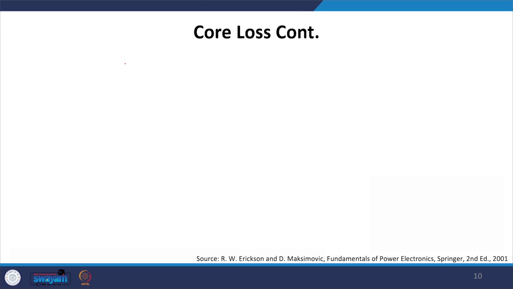That is the reason why the core losses are generally defined using the empirical Steinmetz's formula, given as P core, which is the overall core loss, equal to K core delta B raised to power beta AC LC, and this is for a given excitation frequency.